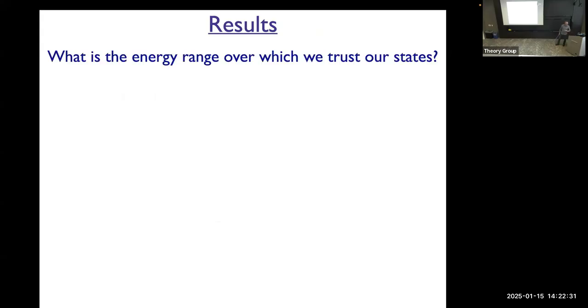First I'm going to tell you the results. But in order to understand the results, I have to tell you a little bit about the regime of validity. Where do we trust our results? Our philosophy was, well, the first thing we check before we look at eigenstate thermalization is we just try to understand the thermodynamics, and see whether the thermodynamics is healthy.